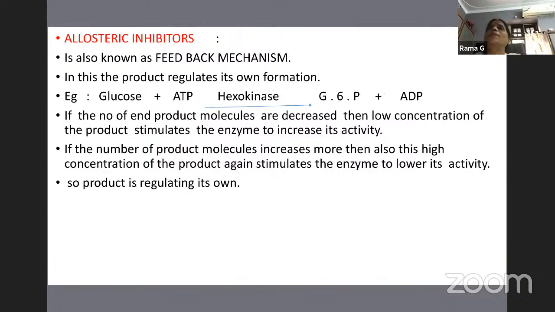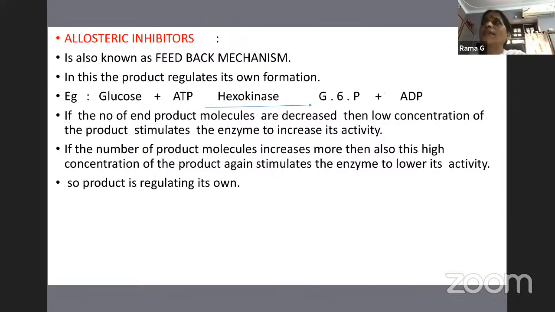That means end products control themselves by stimulating the enzyme. If the expected end product molecules are not synthesized, then this low concentration of end product molecules stimulates the hexokinase enzyme and activates it to increase the rate.